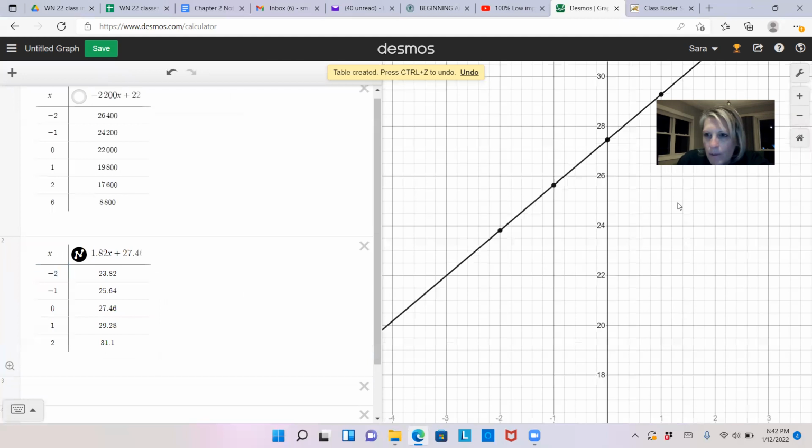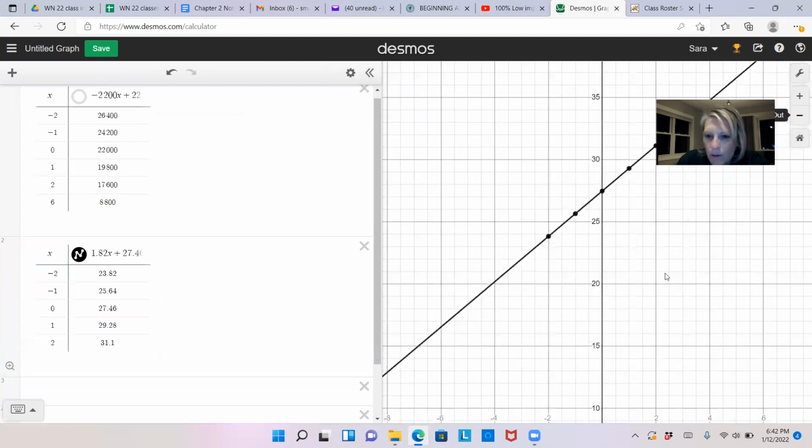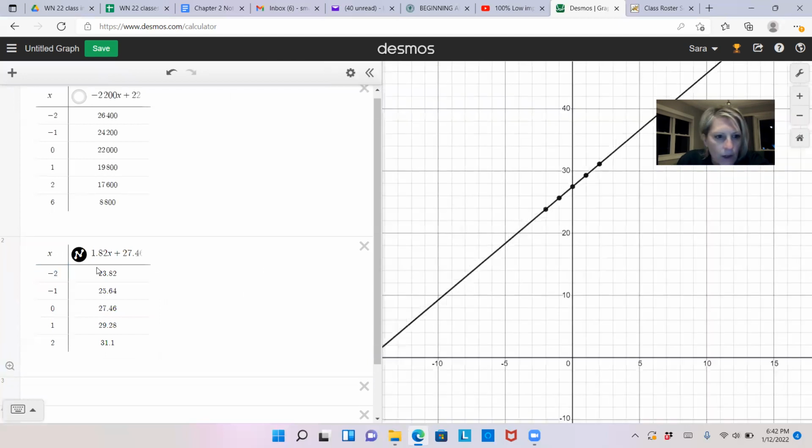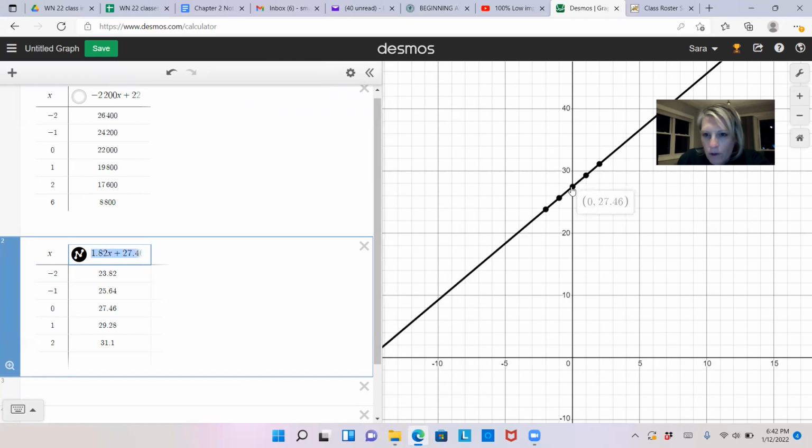That's going to be better. And I'm going to zoom out just a little bit so I can see 0, 0. Okay. So you can see that our Y-intercept is 27.46, which is about 28. So we started out at about $27.46 billion in revenue in the year 2008. That is what our intercept is.